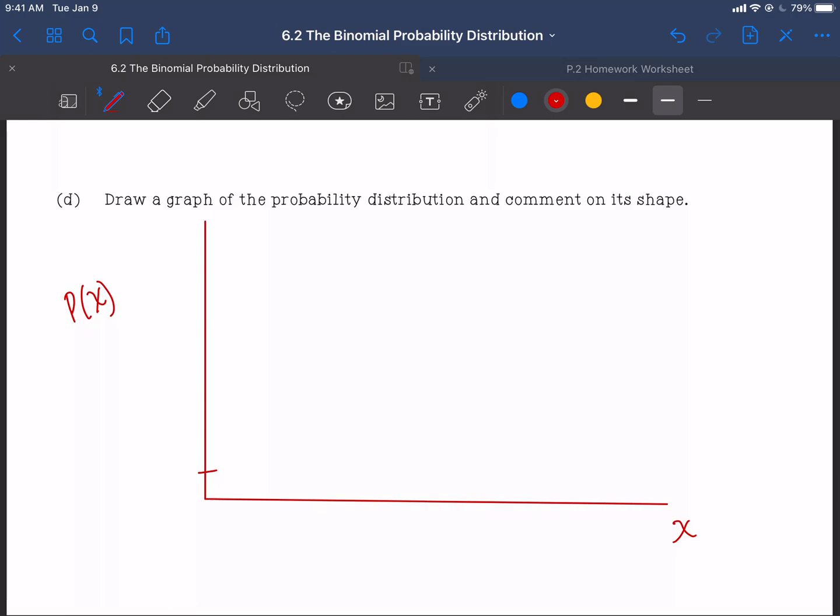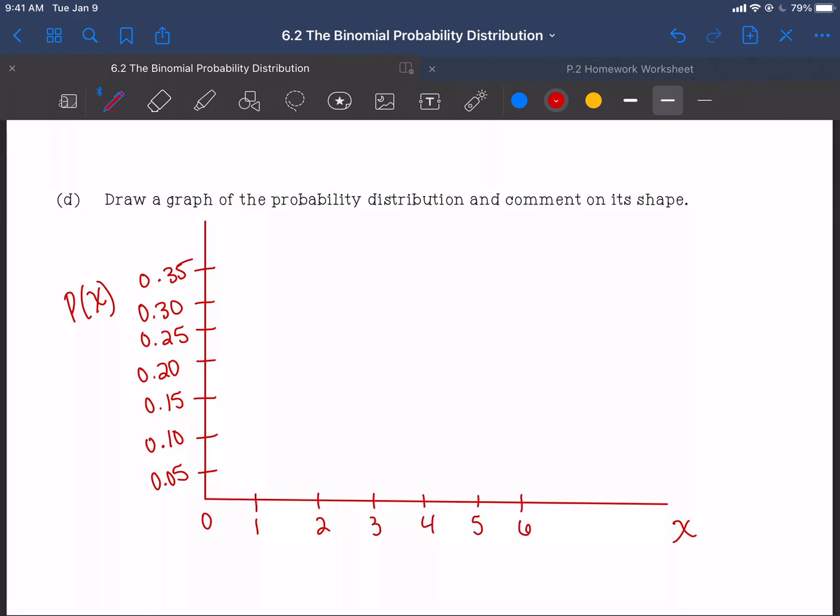So I'm going to go by 0.05. Keep going to 0.35. Alright, and then our x's, we have 0, 1, 2, 3, 4, 5, and 6.